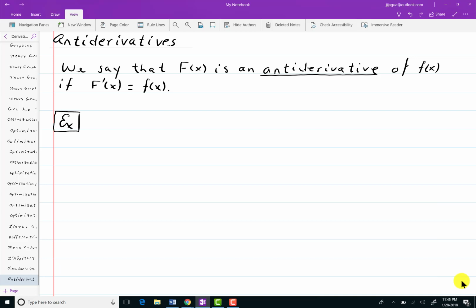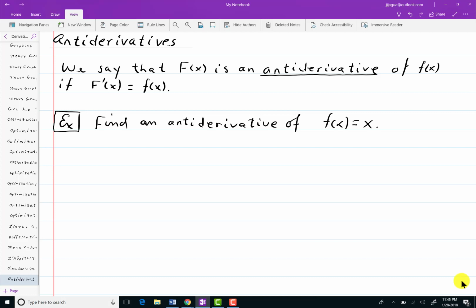As an example, suppose I choose a little f of x equal to x.